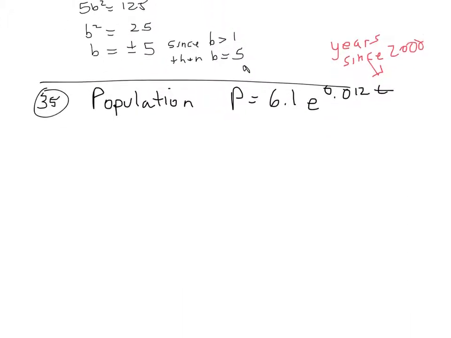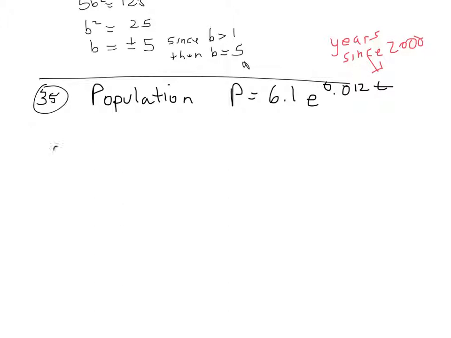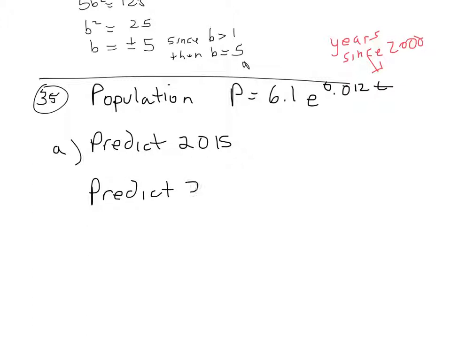And so this is just a population function. Part A says to predict the population in 2015, and then it says to predict it in 2020.